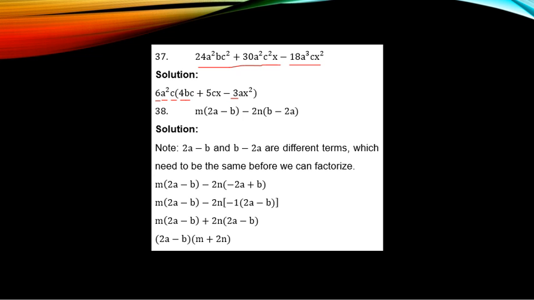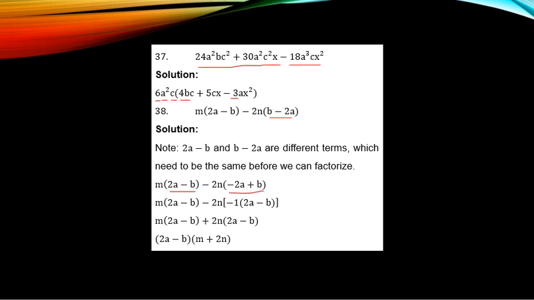Okay, what we'll do is that this will simply interchange the position of b and 2a, so it becomes minus 2a plus b. So we are trying to get 2a minus b from here, and you know what we need now is plus 2a minus b. To do that, let's factor out minus 1 from here.